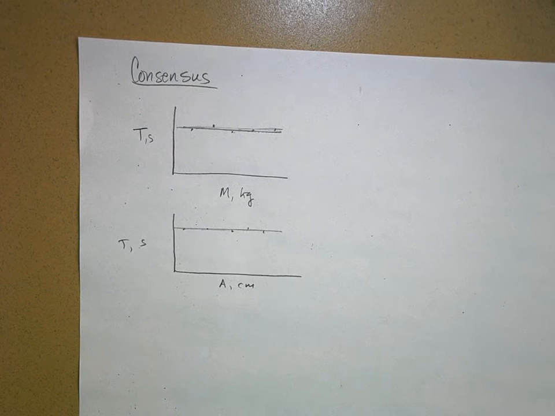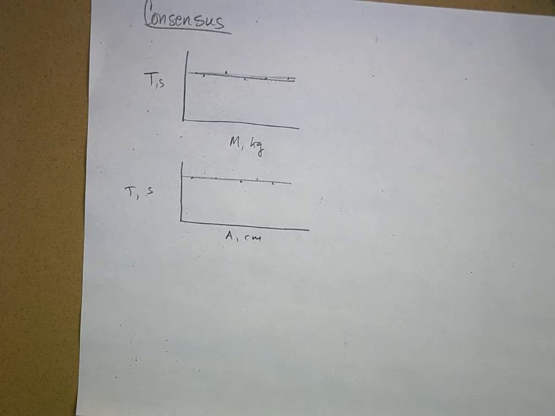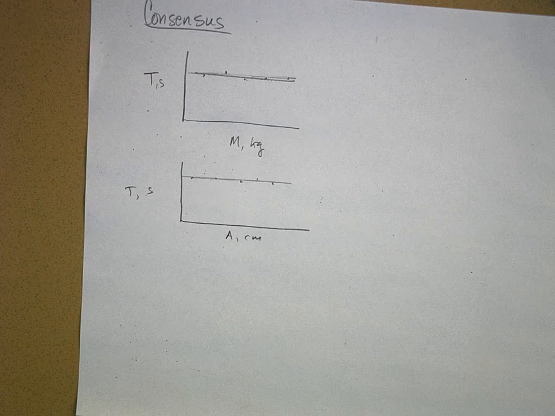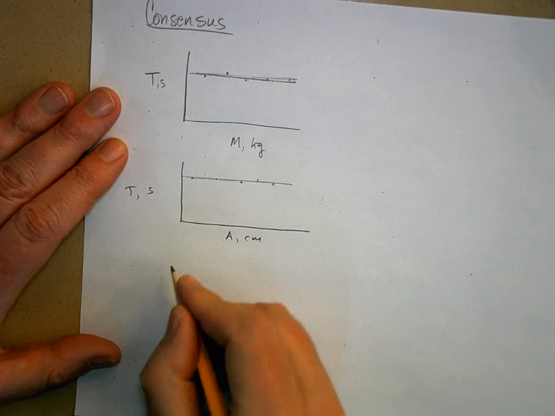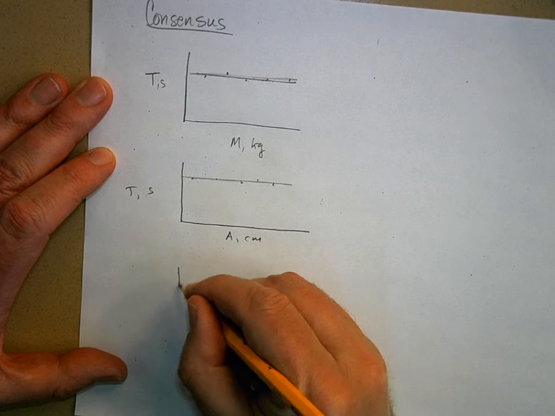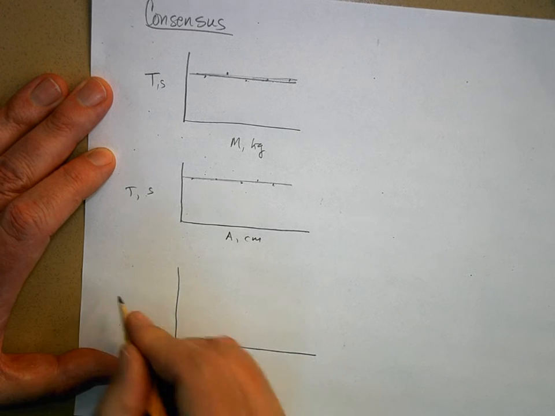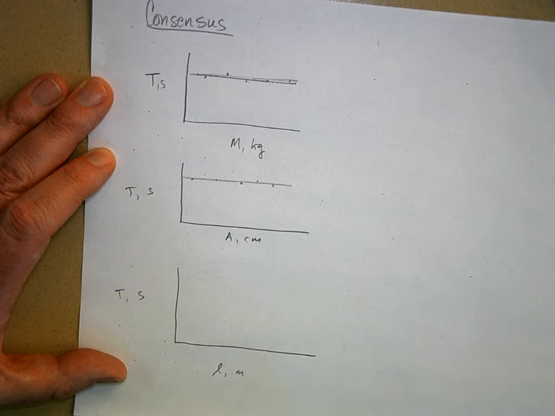But the length, it did matter. So I'm going to use this group's data, and then we'll graph it real quick, and hopefully it'll be good. So we'll graph this period in seconds, length in, we'll go ahead and change them to meters.